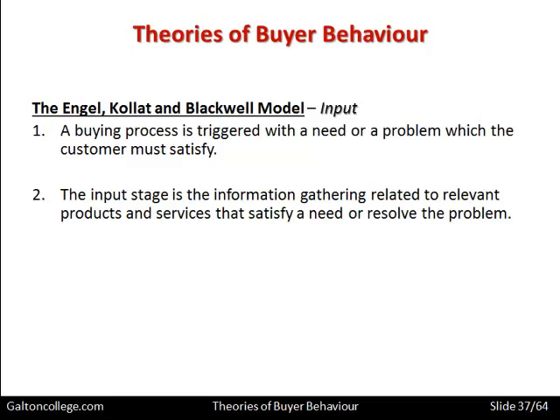So they gather perhaps a wide variety of information, looking at various products, various services, which could be used to satisfy the need. Generally speaking, we don't just look at one solution and jump at that. We tend to look at many and reflect and think about it and gather information.